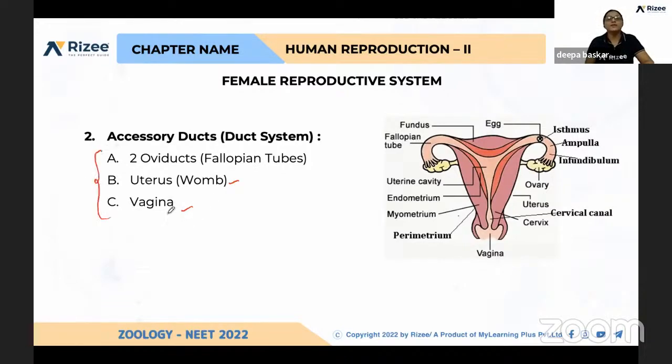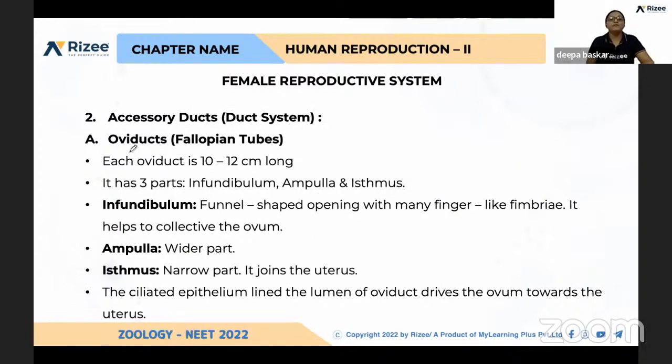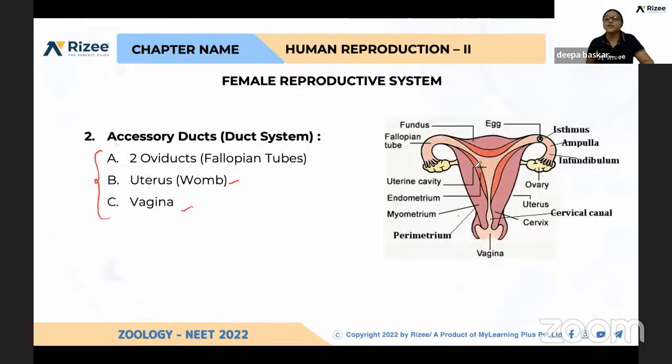Cervix comes under uterus, because in the previous slide we mentioned uterus, cervix, and vagina. Cervix is a part of the uterus. The lower part of the uterus is called cervix. Let me explain. First, oviduct. See, this yellow part is the ovaries, and this is the fallopian tube or oviduct, which provides connectivity between uterus and ovaries.